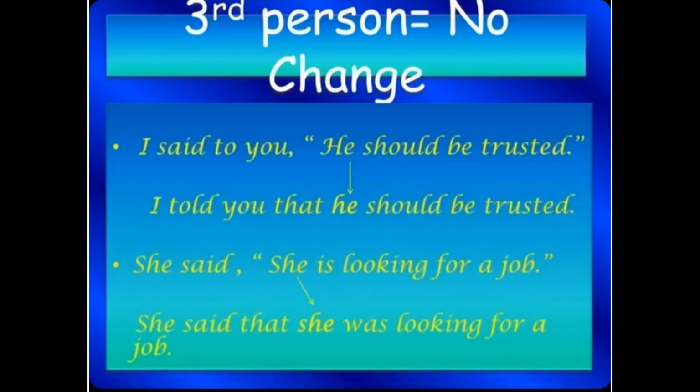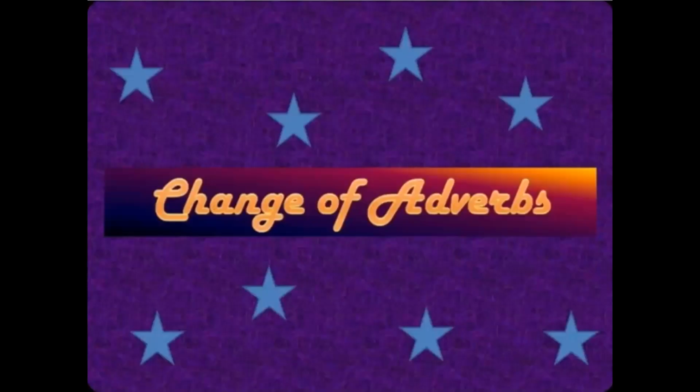There is no change in the third person. Second example, she said, "She is looking for a job." It will be converted as she said that she was looking for a job. Only the tenses change, no third person change.